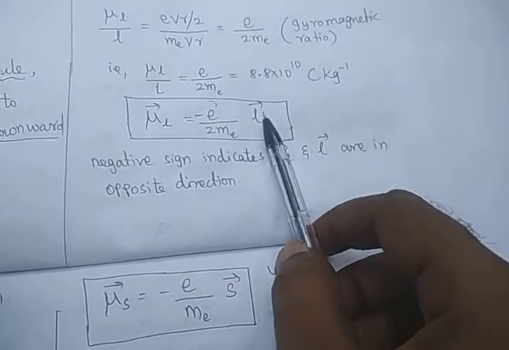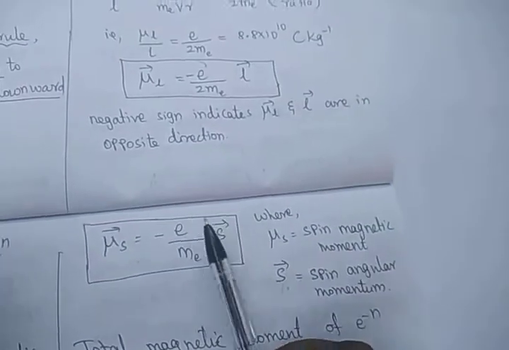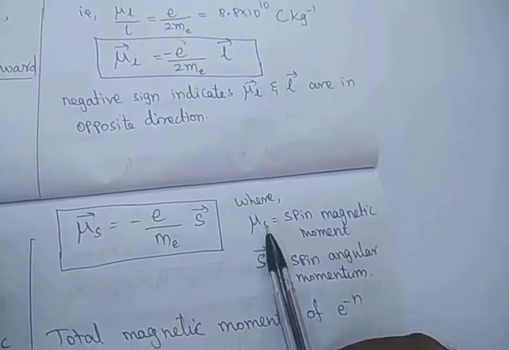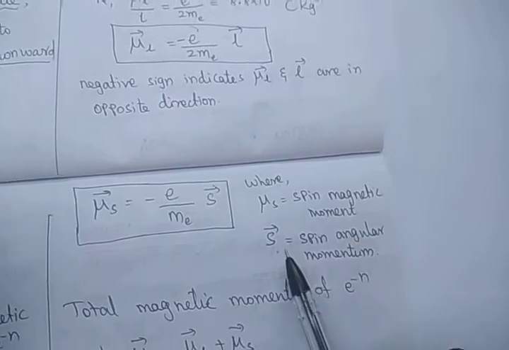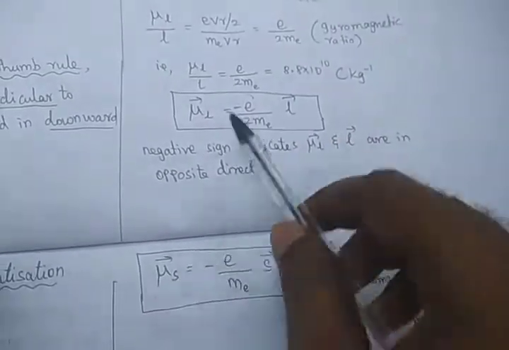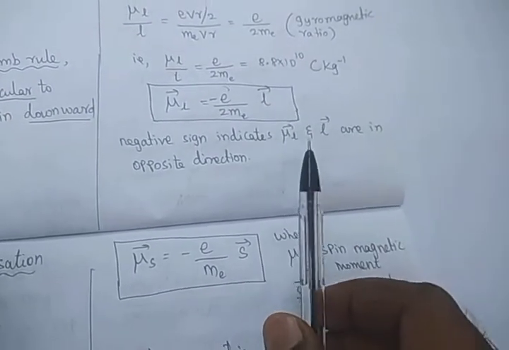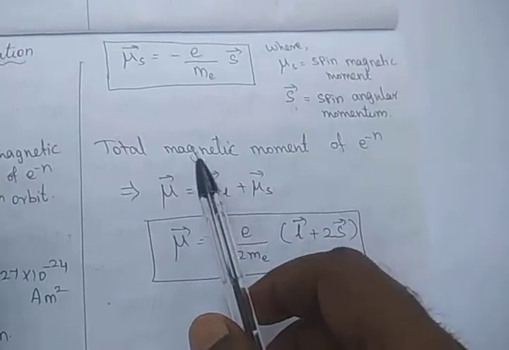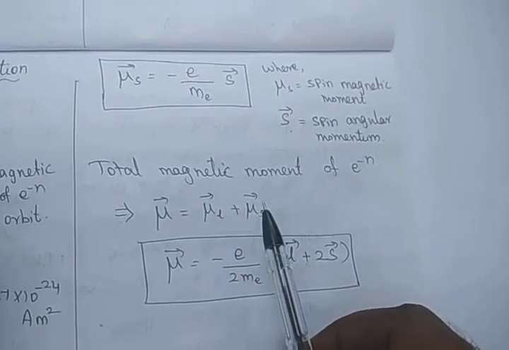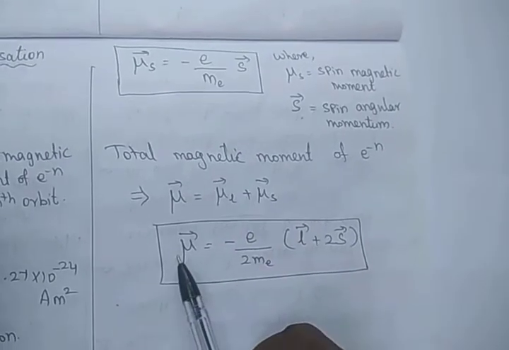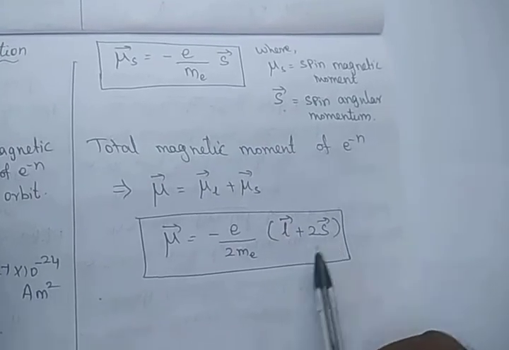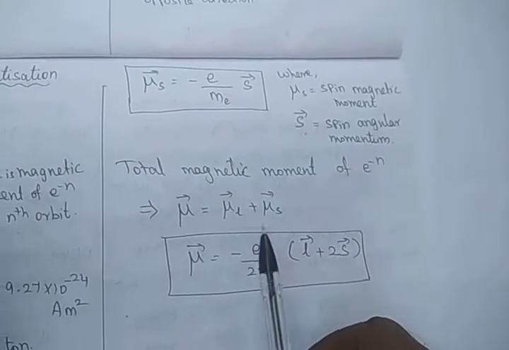Here L is the orbital angular momentum and S is the spin angular momentum, so it is spinning like this. mu S is the spin magnetic moment and S vector is the spin angular momentum. These two magnetic moments arise for a single electron. So the total magnetic moment of the electron is the sum of the orbital and spin contributions: mu is equal to minus g e by 2 me into L plus 2S vector. This is the magnetic moment of an electron.